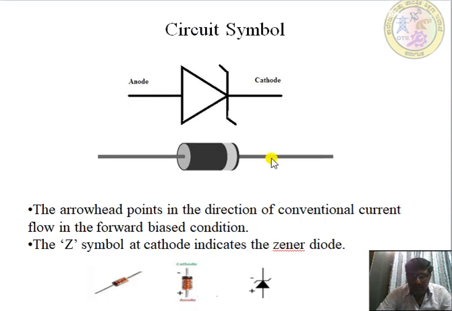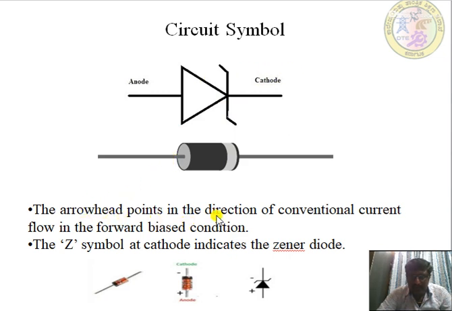So this is the circuit symbol: the same diode symbol with a vertical line with two dashed lines, representing the anode as well as the cathode. The line represents your cathode and this part represents the arrow.